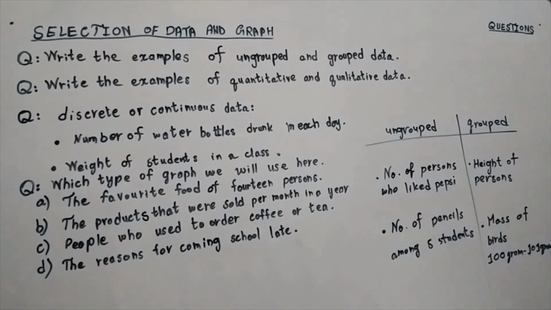If a bird has a mass of, let's say, 128 grams, it will lie in this category. So that's why we use grouped data.